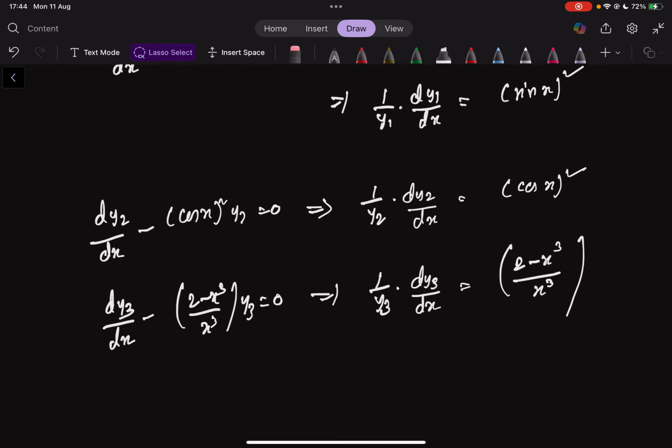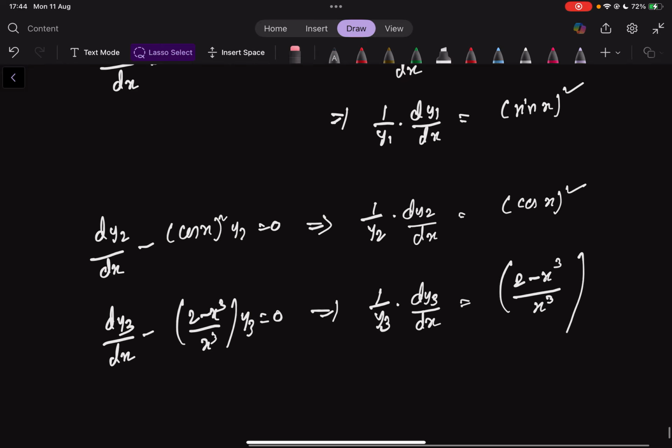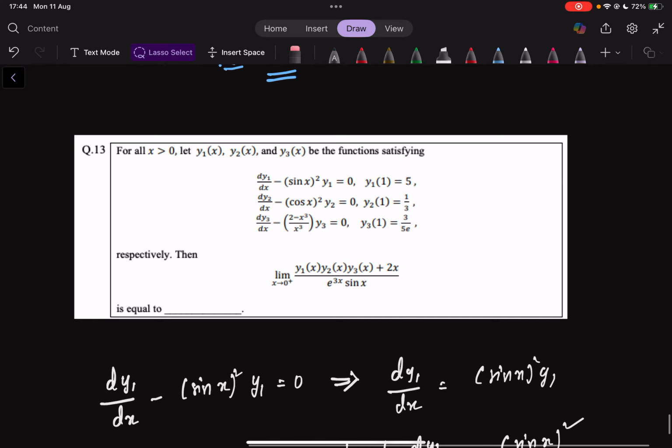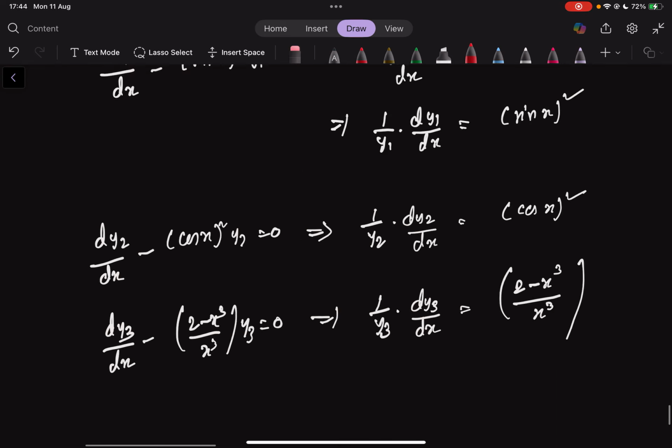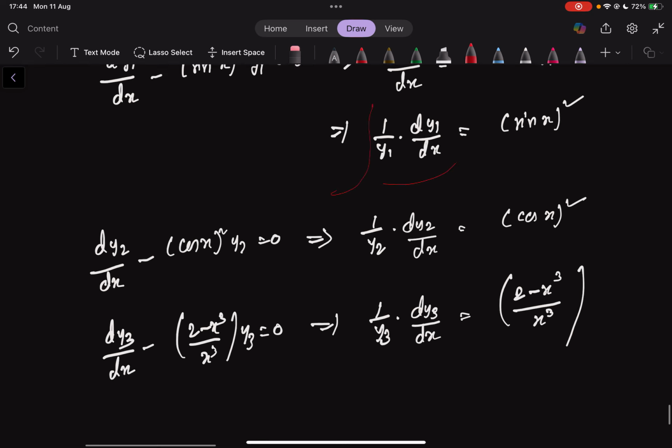So we currently have these three equations, and we have to solve them. One thing we can do is find the individual values of y1, y2, y3. But if we observe the question, we were given the product of y1, y2, y3. If we integrate the left hand side, the integration of (1/y1) dy1 is ln y1.